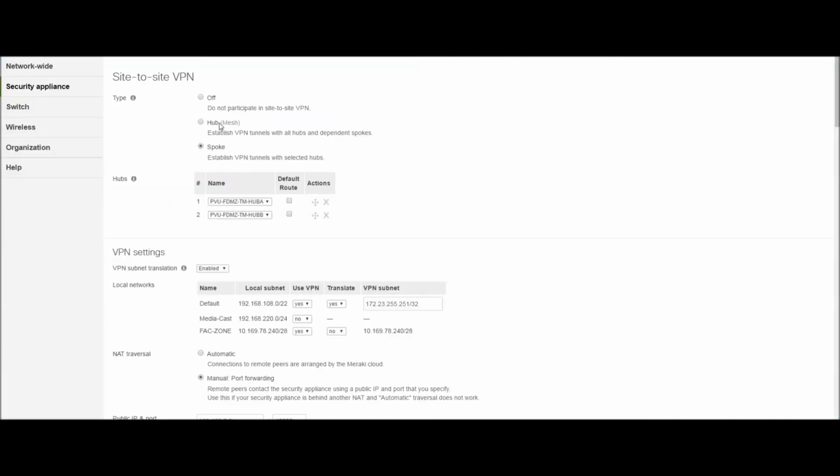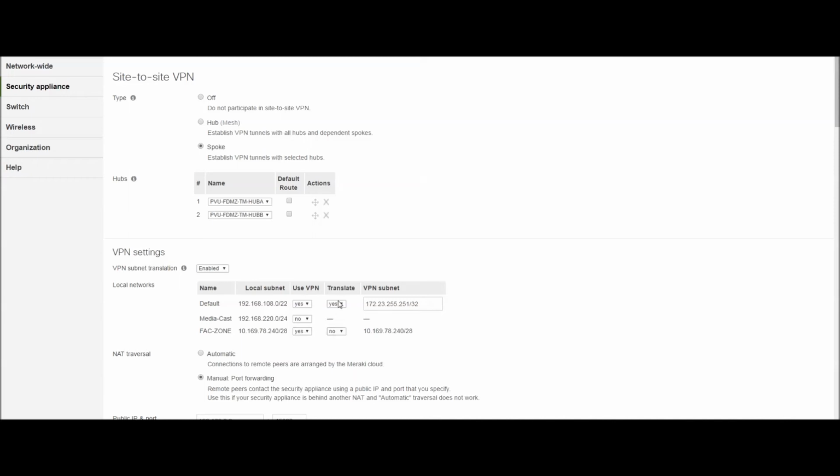So looking at a field site configuration, we have it configured as a spoke, and we have two VPN head ends, but the priority is currently hub A, and that's also defined down lower. We have VPN settings for local networks, and these subnets are locally defined on the security appliance itself. We say, yes, we want these subnets to use VPN.